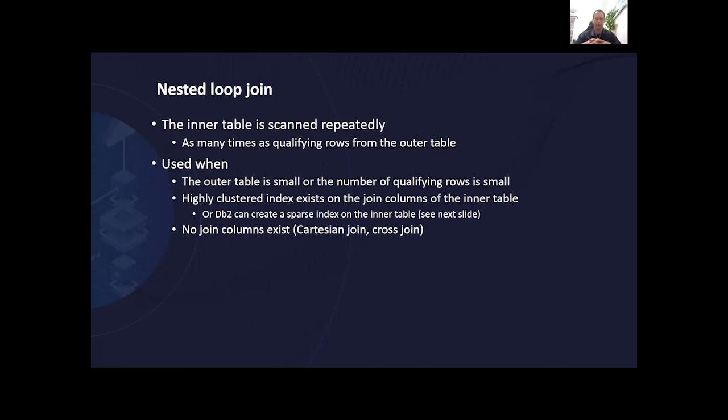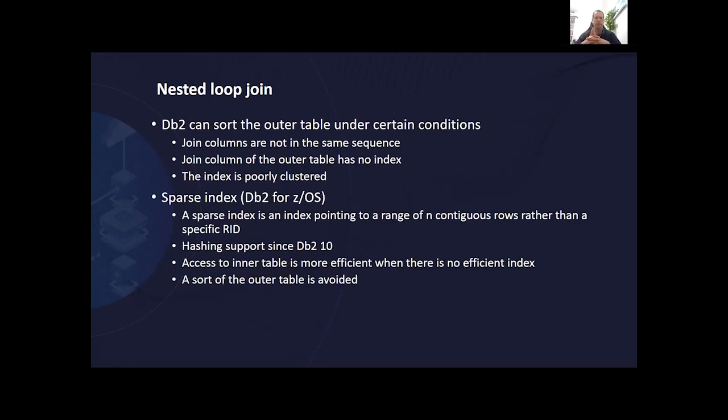So it is usually used when the outer table is small, so that DB2 can limit the number of loops for the inner table, or if you have highly clustered indexes on the join column, so that it can take benefit of it. For DB2 for z/OS, DB2 can create a so-called sparse index on the inner table, which I think I have on the next slide.